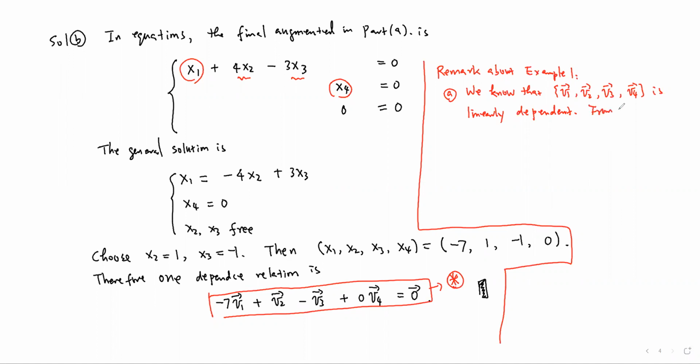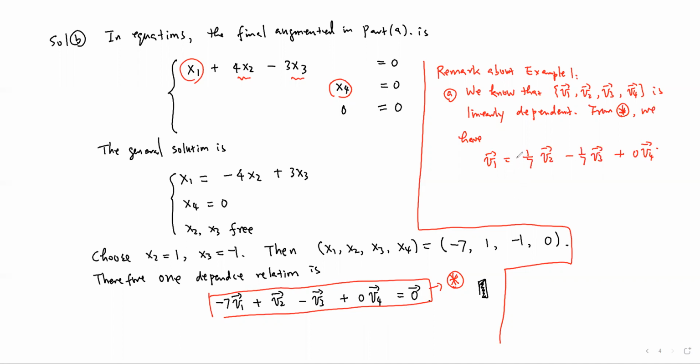From star, we have V1 is 1/7 V2 minus 1/7 V3, then plus 0 V4. Right? I move V2, V3, V4 to the right side, then divide the equation by negative 7. Then I get this equation.